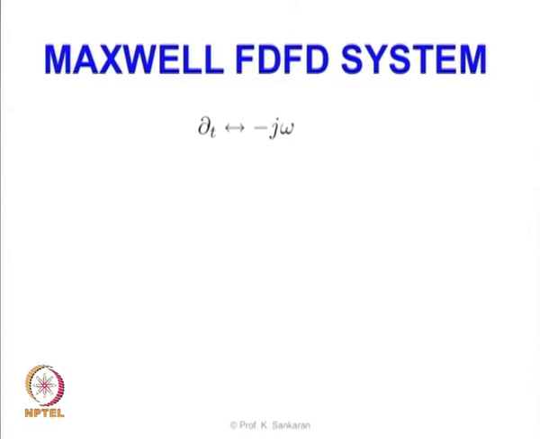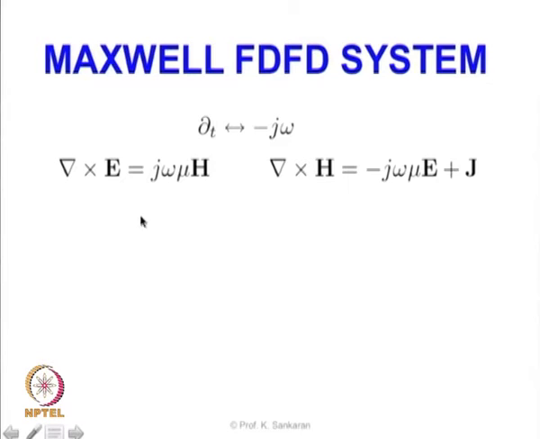With that, we can write the Maxwell equations, the two curl equations, where we have replaced the time derivative in one of the curl equations with minus j omega, and the time derivative of E with j omega. It is a general equation, so you also have the current density term.